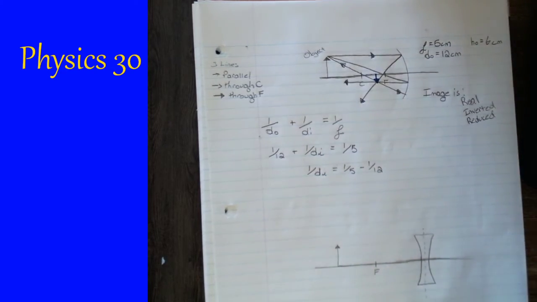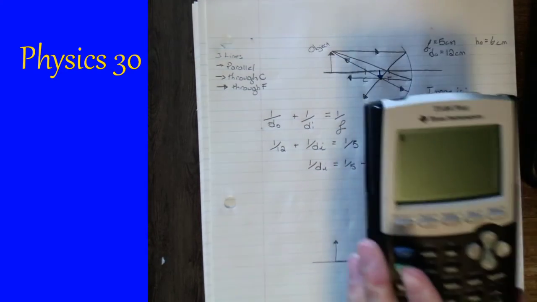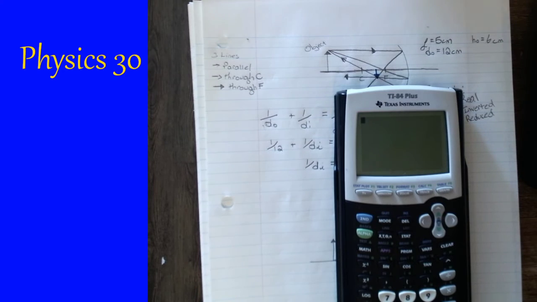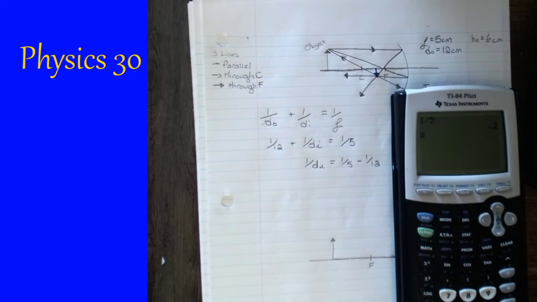And here's how you do that. One over 5 subtract 1 over 12, and that will give you this weird decimal number.